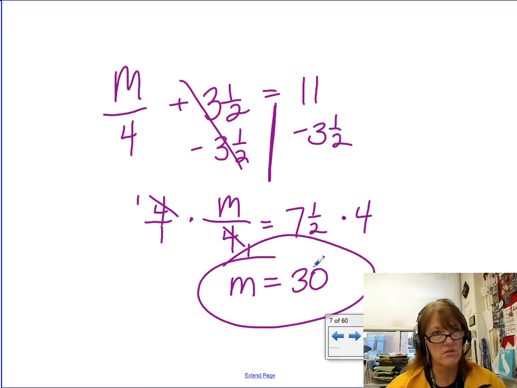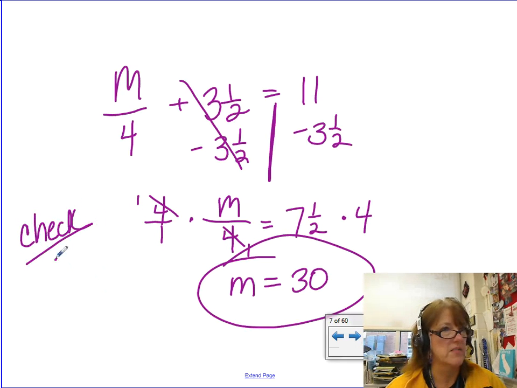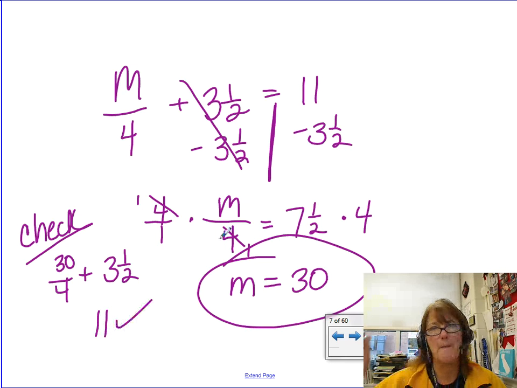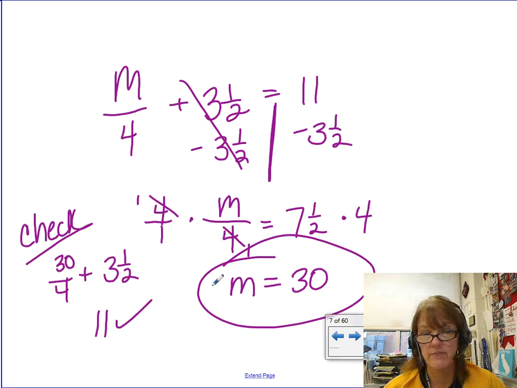Now, are you certain that's correct? Grab your calculator and perform your check. Take 30 divided by 4, add 3.5 more. When you do this, you should get about 7.5. You add that, you get 11. Boom, you're done.